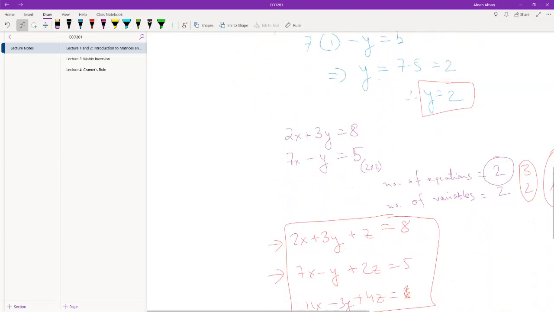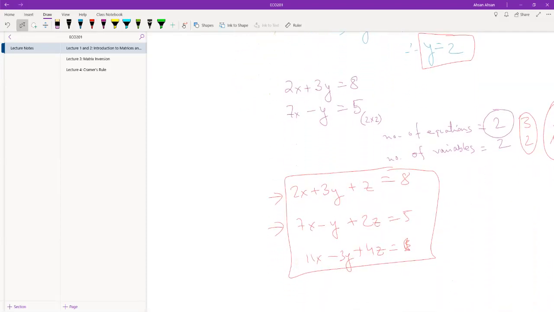That's straightforward. But this is something some of you may not have known: whether or not we can solve a system of equations depends on the number of equations and the number of variables. And we always want the number of equations to be more than or equal to the number of variables.